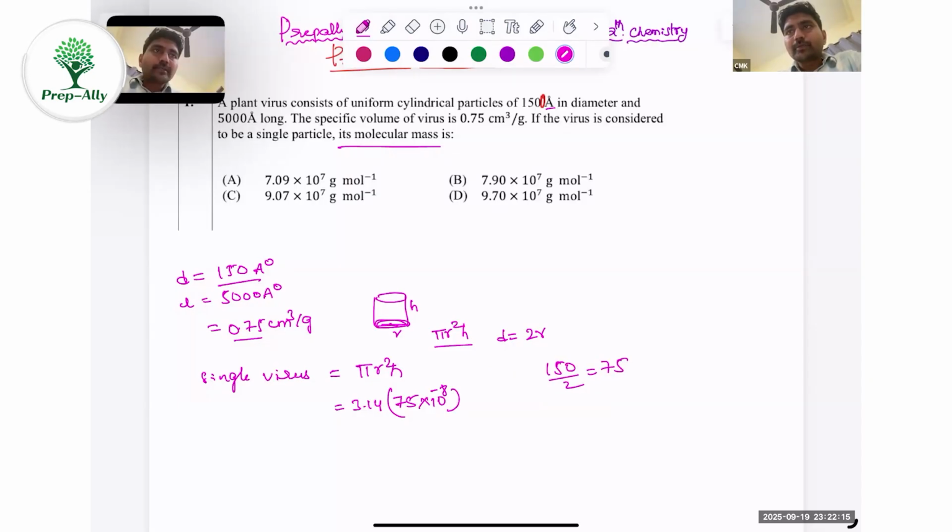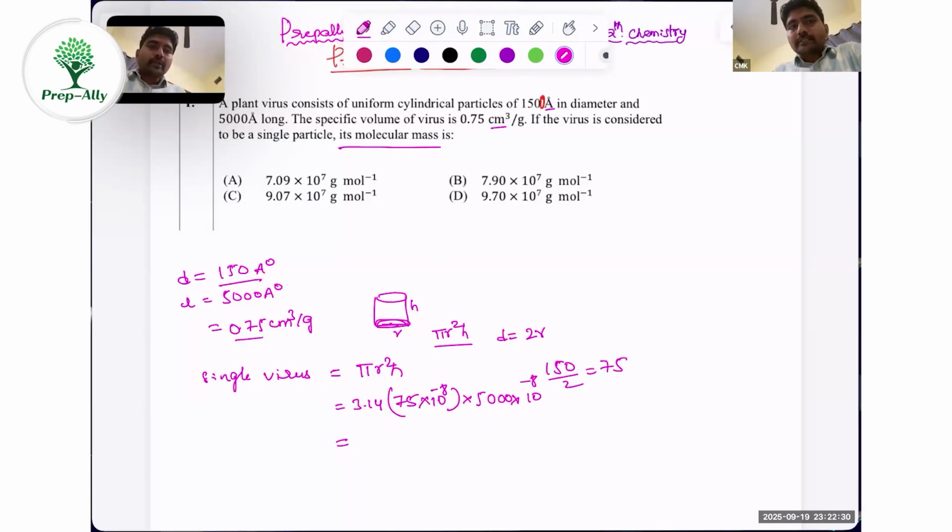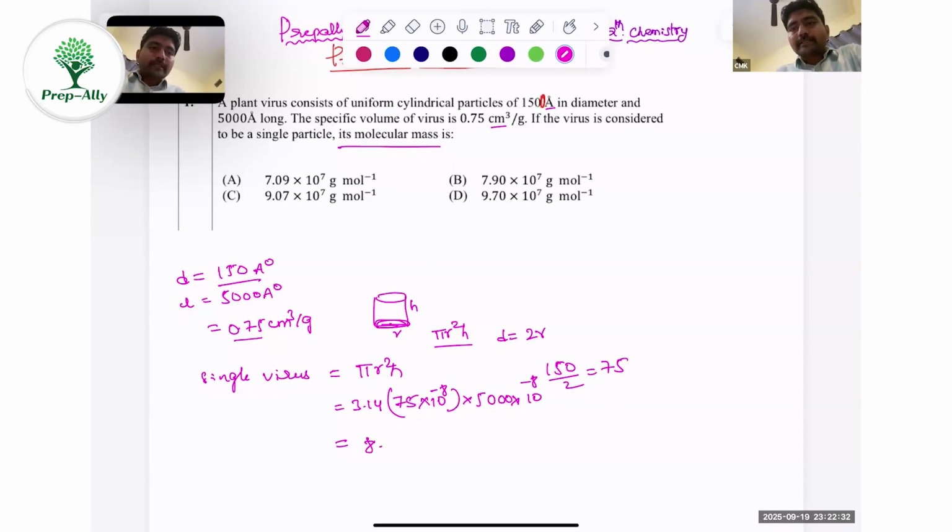Centimeter cube has been given, so 75 into 10 to the power of minus 8, and 5000 into 10 to the power of minus 8. So if you simplify, the value is 8.836 into 10 to the power of minus 17 centimeter cube.